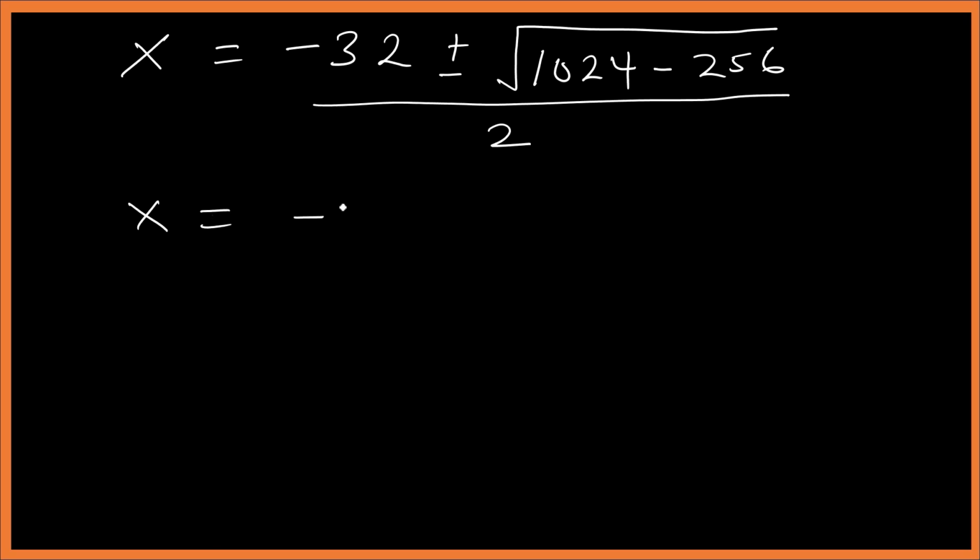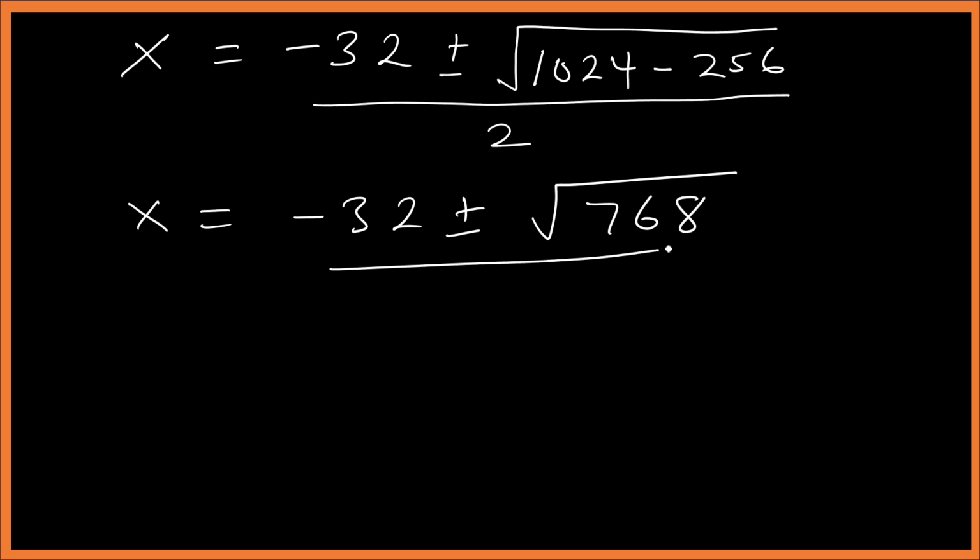So we have minus 32 plus or minus the square root of, now let's subtract, 768, on 2.